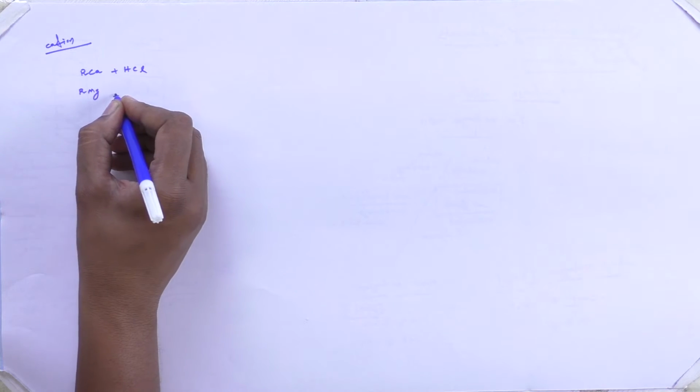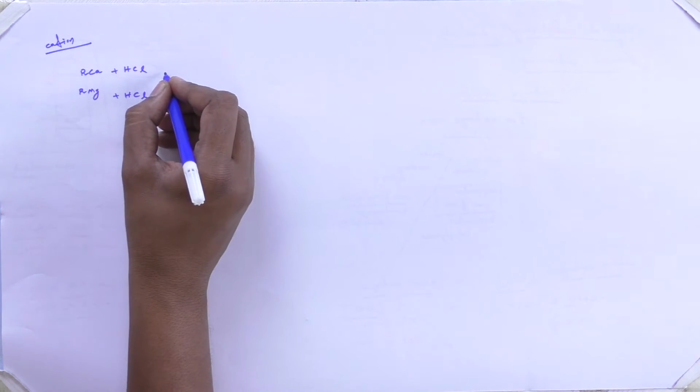What happens after adding HCl and after adding NaOH? Just listen to the reaction. The cation exchange resin is fully occupied by RCa and RMg, right? Now we add HCl into the cation exchange resin.